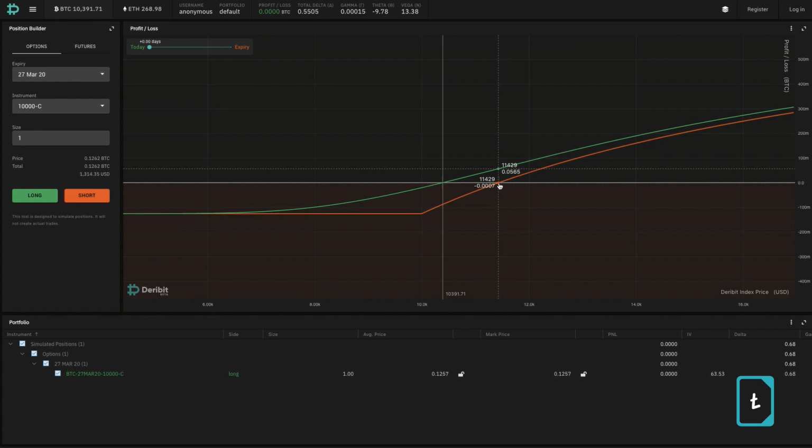What that means is you actually make money on this decision if the price is beyond that break-even point. So if Bitcoin is worth, say, $13,000, you would have made about 0.1 Bitcoin profit on locking in this contract.